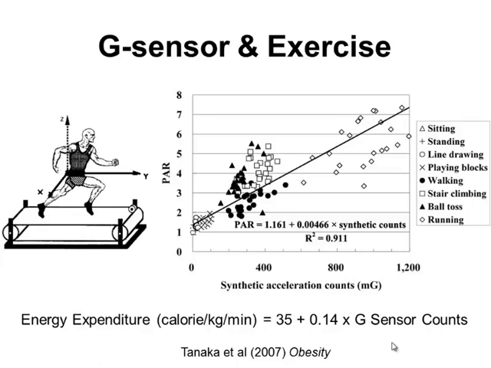Many relationships have been proved. It has been proved that energy expenditure has a linear relationship with the change of the G signal. For example, this is a linear relationship, and this has been published in a medical journal.